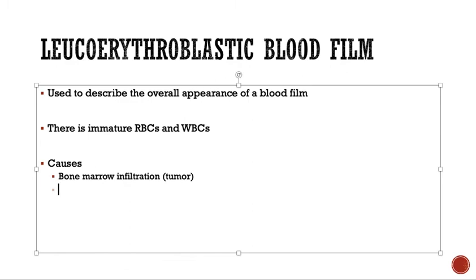It also occurs in severe sepsis as well as hemolysis. One more cause is idiopathic myelofibrosis. When there is fibrosis of the bone marrow, this kind of condition can be present as well.